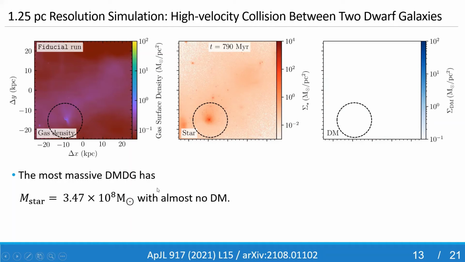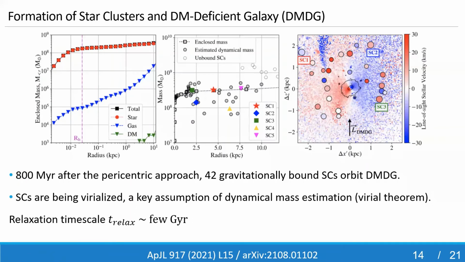The most massive DMDG in this simulation has a stellar mass of about 3.47 times 10 to the 8 solar mass, and also without any dark matter.